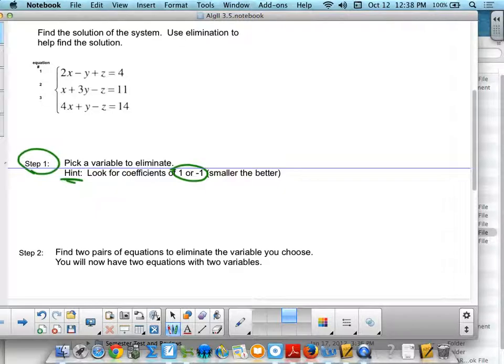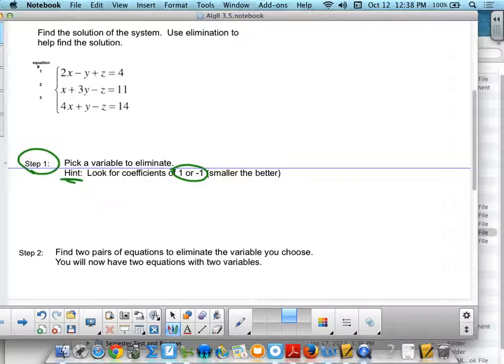So let's look at the z's. 1z, -1z. How's that for opposites? Yeah, that's good. And how about the 1z again with the -1z on the bottom? How about that for opposites? Which one would you pick? The y's or the z's? I'd pick the z's. You can pick y's, but you made that problem harder.